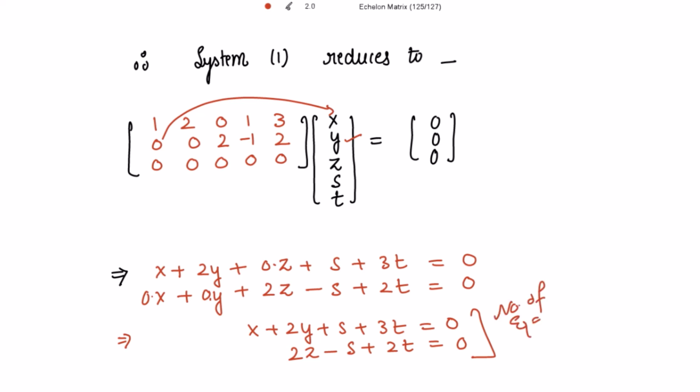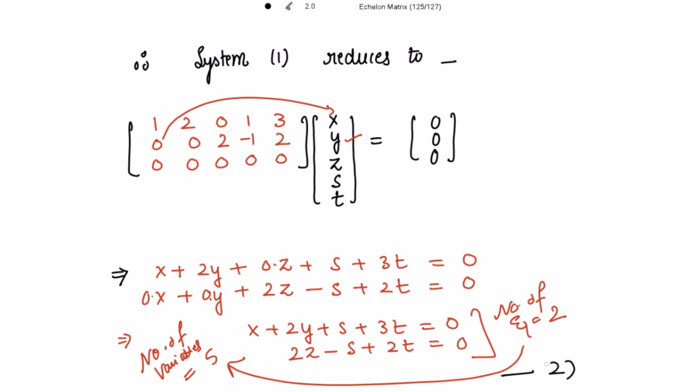How many equations do we have? 2. And how many variables do we have? Yes, 5. Now this is a set of two homogeneous linear equations. And how many free variables do we get? The formula is to subtract the number of equations from the number of variables.